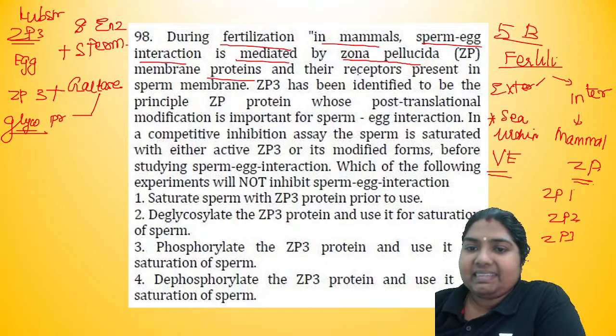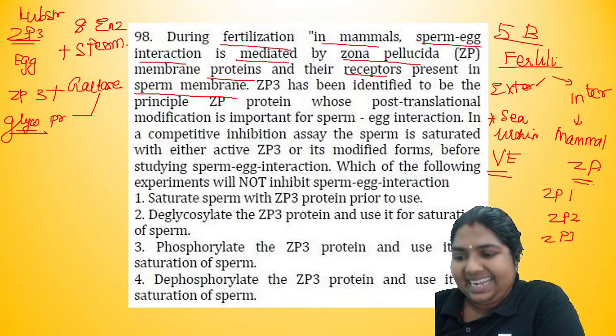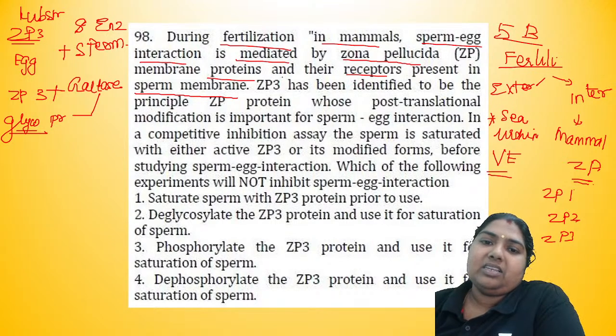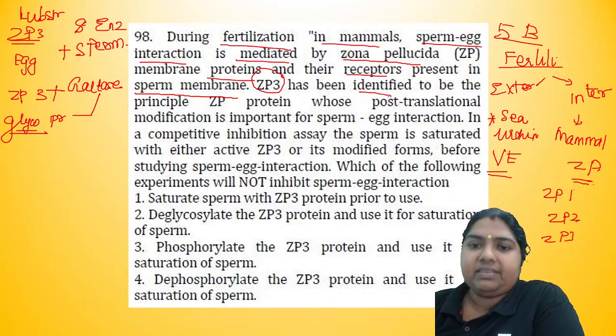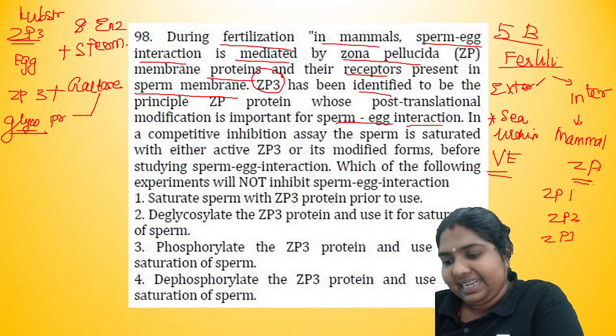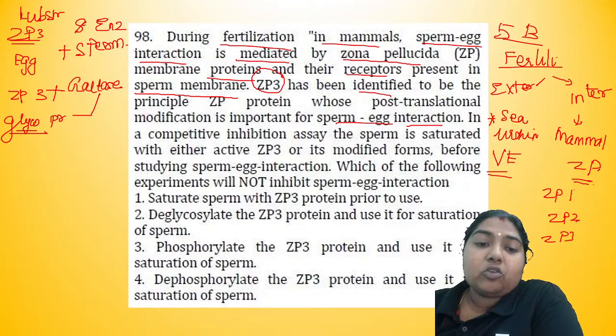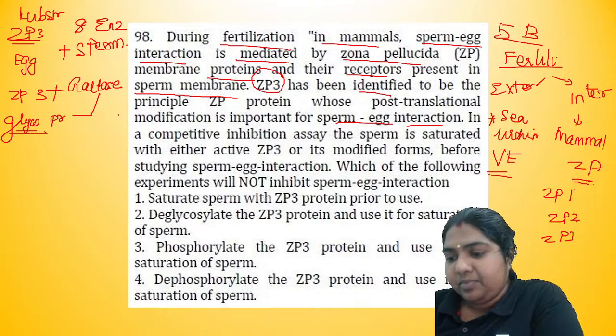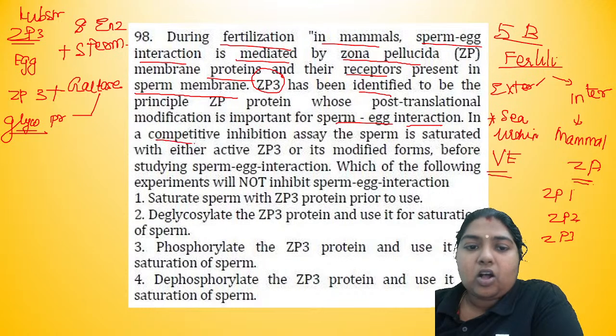The receptors will be present in the sperm membrane. The ZP3 was identified as a very important protein for the sperm egg interaction. We also know that. So they are conducting an experiment. What is the experiment? It is called competitive inhibition assay.